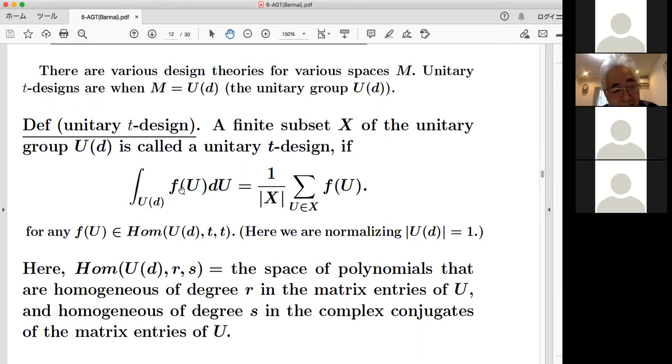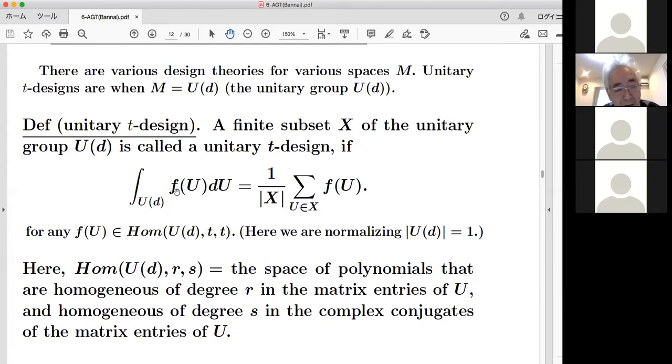Then f is a polynomial, and the integral over U(d) is the average value of f at finitely many points x. So such a finite set X is called a unitary t-design.